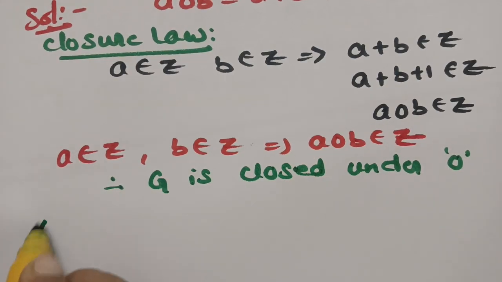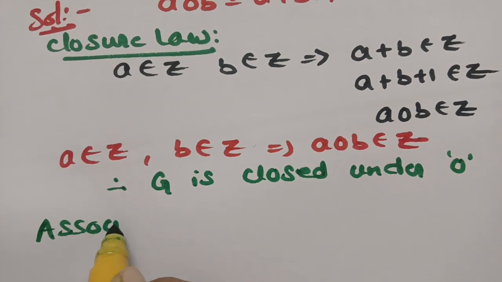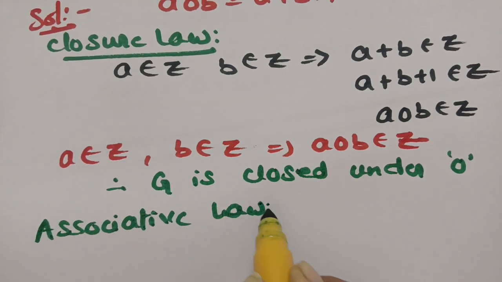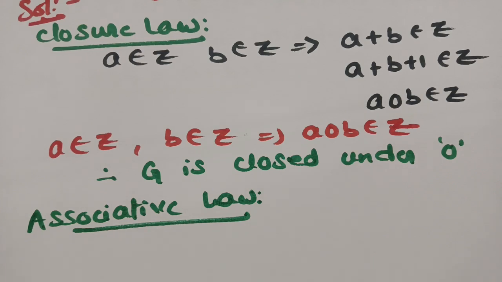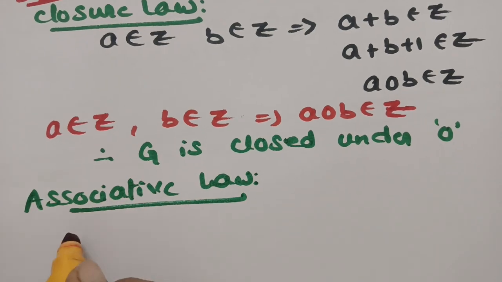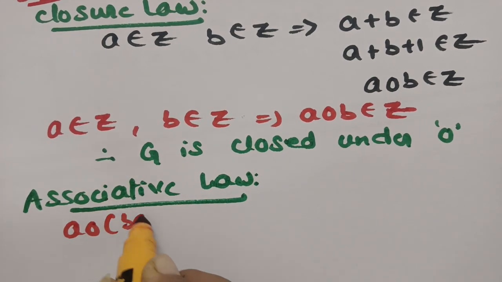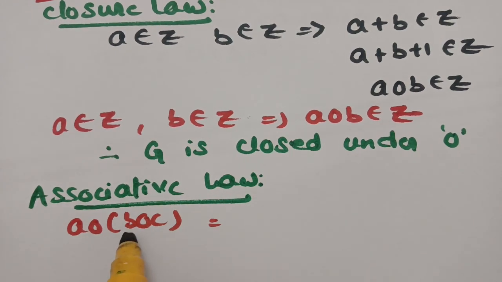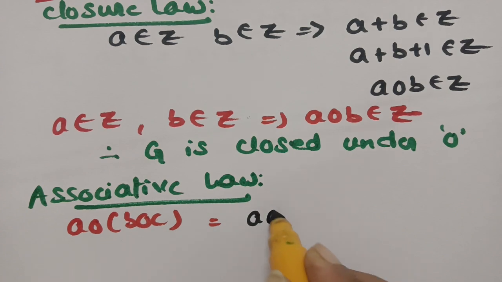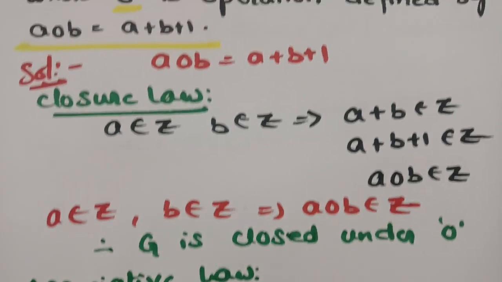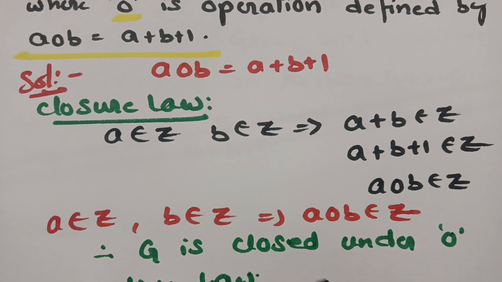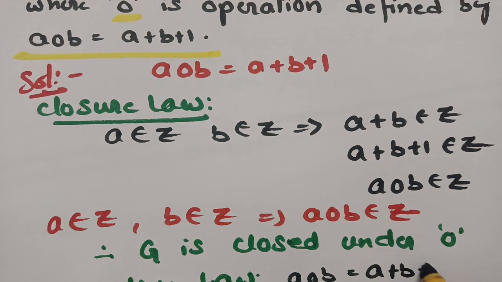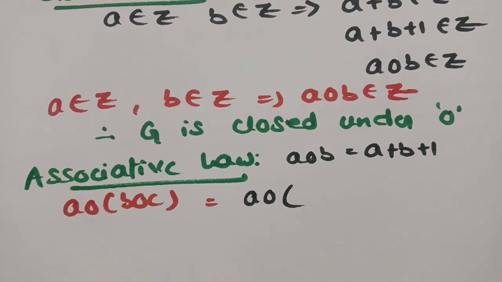And the next one is the associative law. For the associative law we have to take three elements. So now I consider a ∘ (b ∘ c). Here b ∘ c is defined as adding these two one time and adding 1 one time.